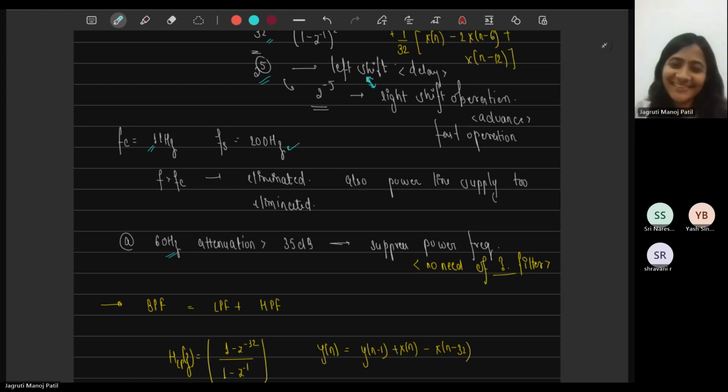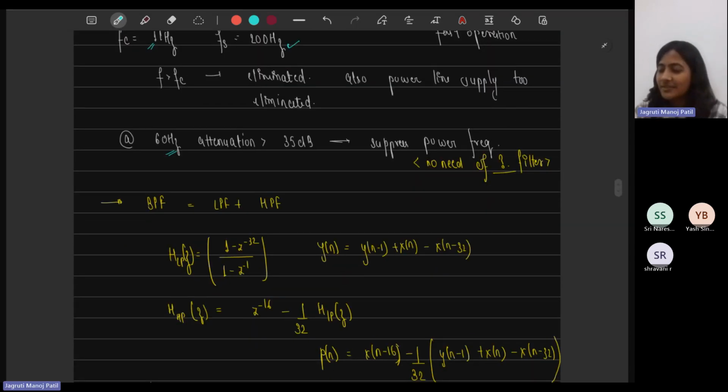Sorry. Any one of you? What type of filter stops or removes a particular frequency? A single frequency. Notch filter. Yeah, that's it. So this question mark is notch filter here.